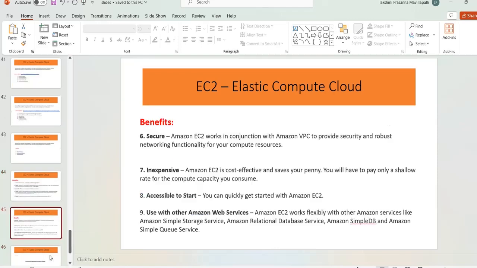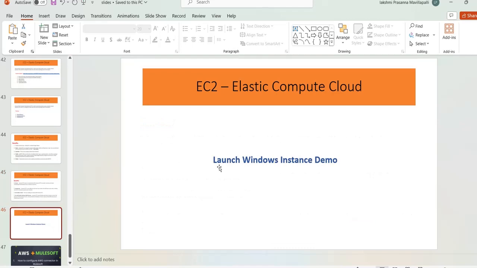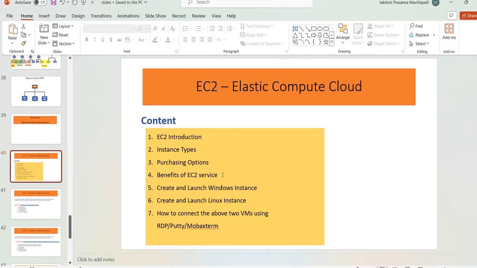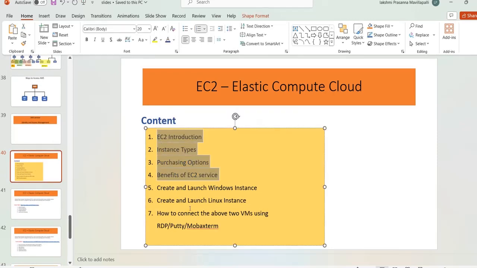In our next video onwards, we will be seeing how to create a Windows instance virtual machine and how to launch it. Then followed by Linux and other content which we have captured here. So far we have discussed till now. In our next videos of the EC2 session, we will see the other points. Apart from these, we have a lot more things to discuss related to EC2.